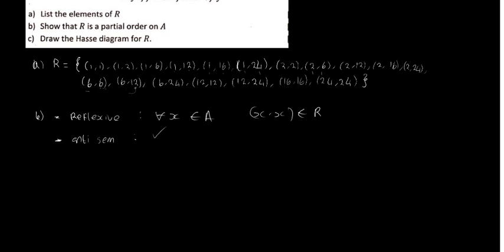Is this transitive? This is transitive. For transitivity, we have 1 to 1 and then we have 1 to 2. Of course, we're going to have 1 to 2 there. So all these start off with a 1. First of all, they are transitive.